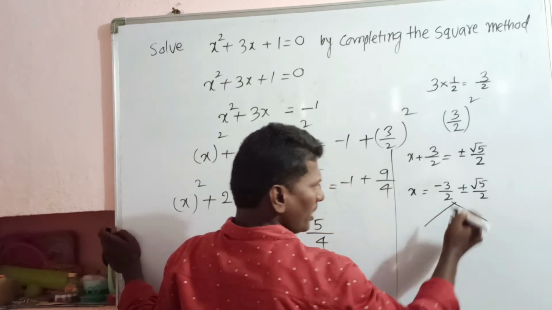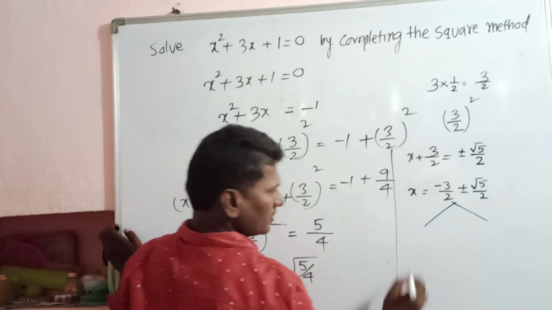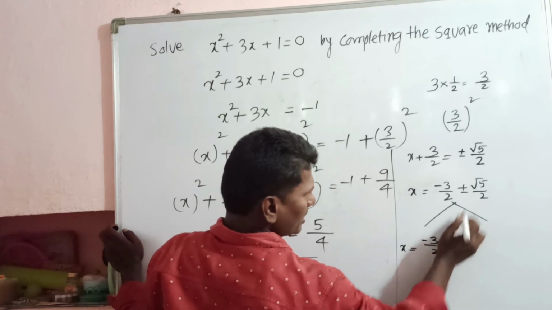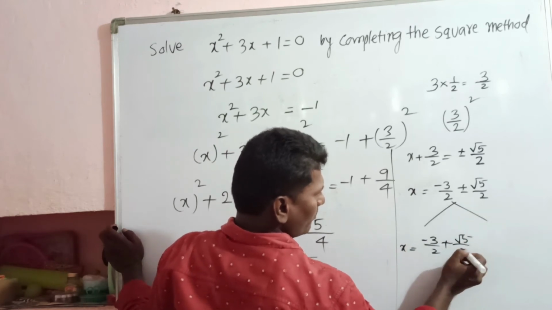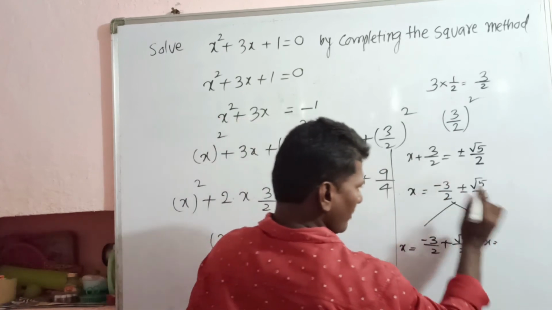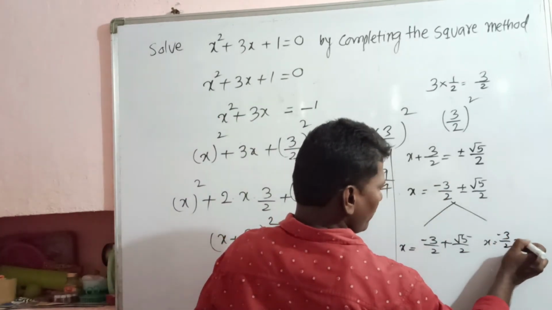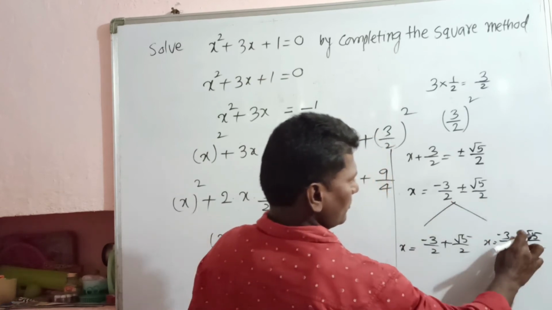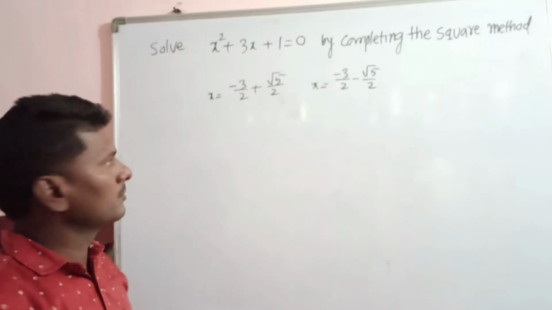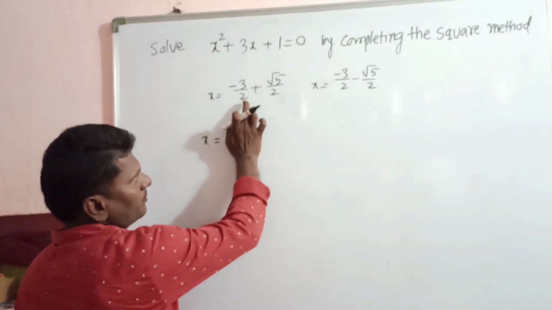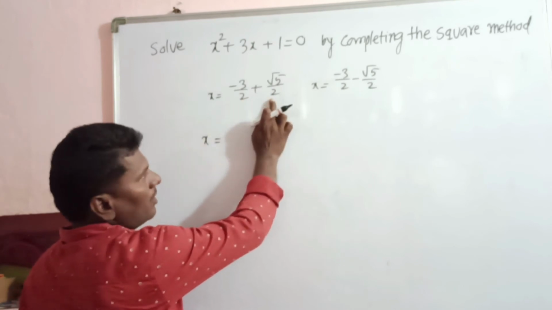From this we get 2 x values, that is x is equal to minus 3 by 2 plus square root 5 by 2. x is equal to minus 3 by 2 minus square root of 5 by 2. Here denominators we have 2, 2.